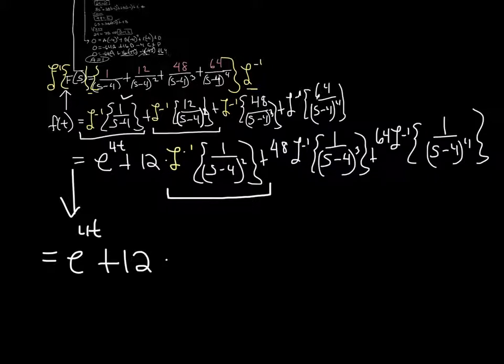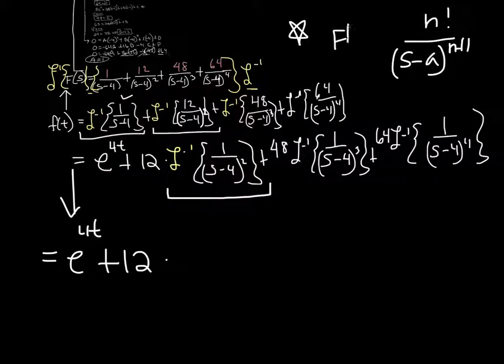Let me write it up here so you can refer to it. I'm looking at n factorial over s minus a all to the n plus 1, where s is strictly greater than a. This is my f of s, and there's an f of t right next to it.